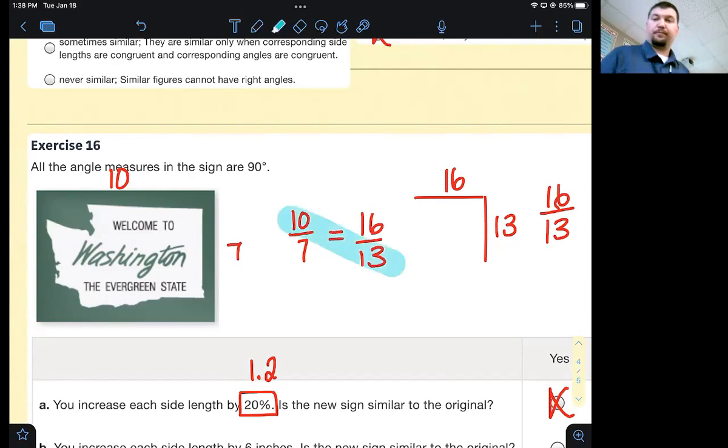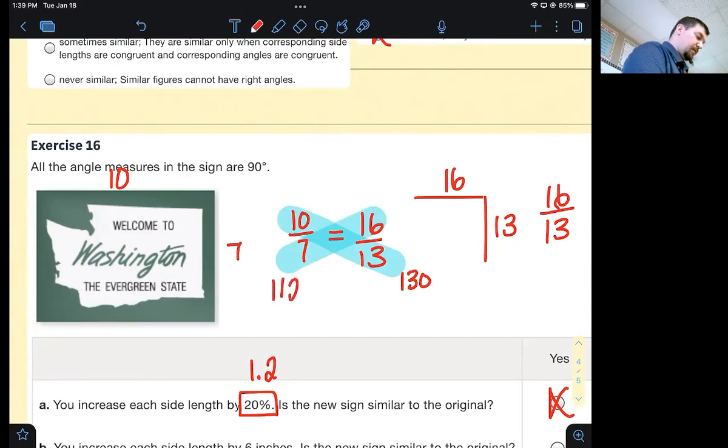130. What's 7 times 16? Is it 130? Bet you it's not. I'll wait. What is it, Deegan? You think it's 112? Yeah.